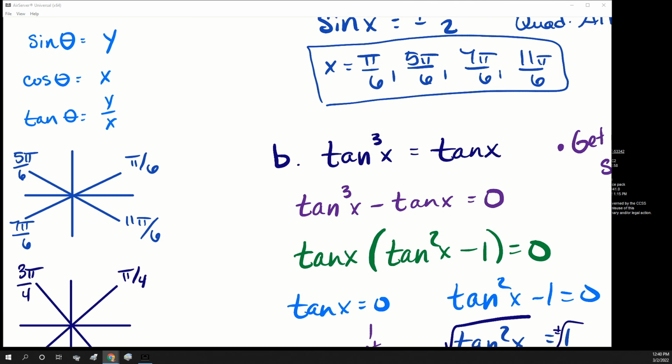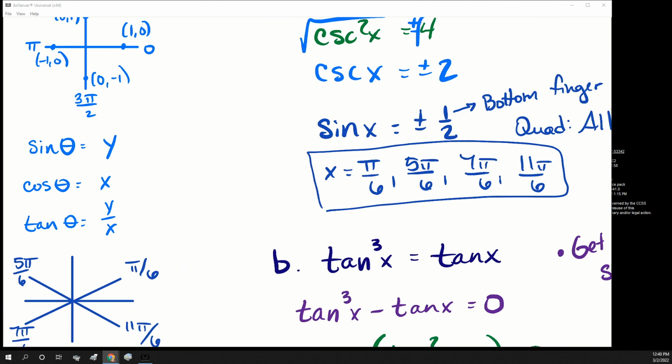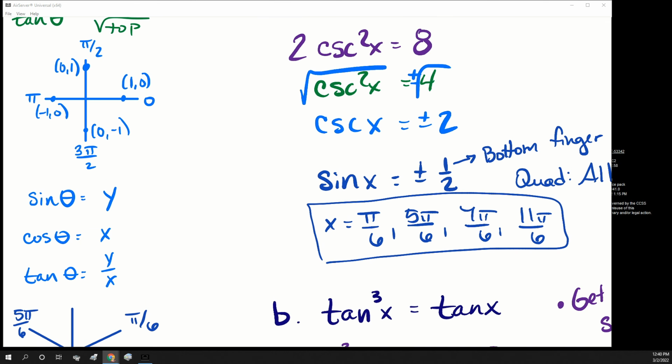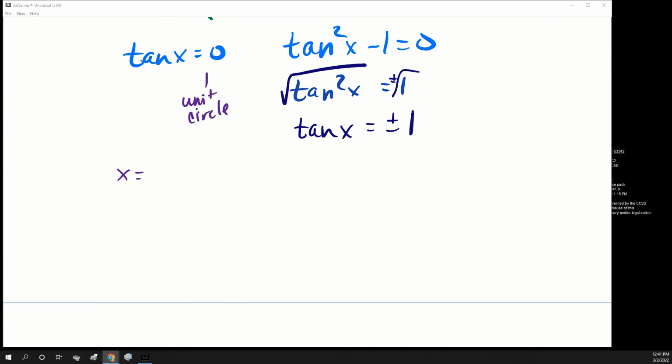All right. So what I want is to be able to divide y by x and get 0. So that means in this case, y needs to be 0, and x can either be 1 or -1 because they both give you 0. We want the y to be 0. So 0 and pi. I did that one wrong earlier for some reason too. Maybe I worded it weird, but it's going to be 0 and pi.